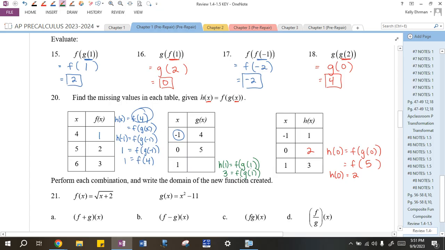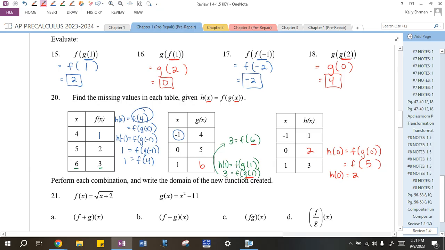Remember, g of 1 is an input. So let me bring this up here. What is the input for f that makes the output 3? So here's the output of 3, and the input is 6. What does that mean? It means that g of 1 has to be 6 to make this relationship work.